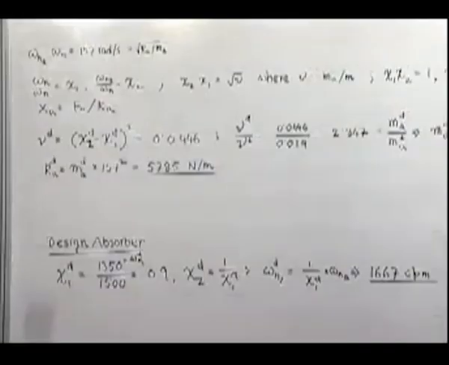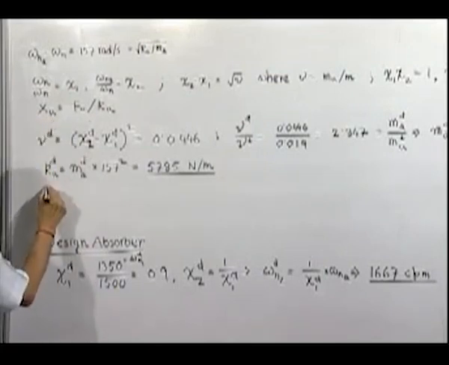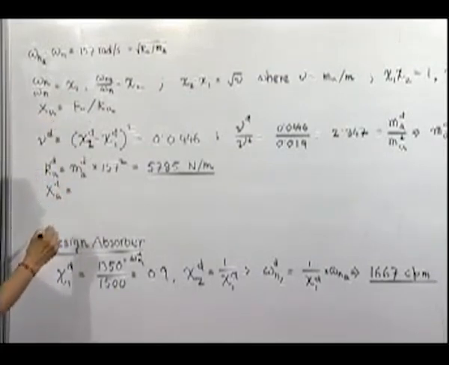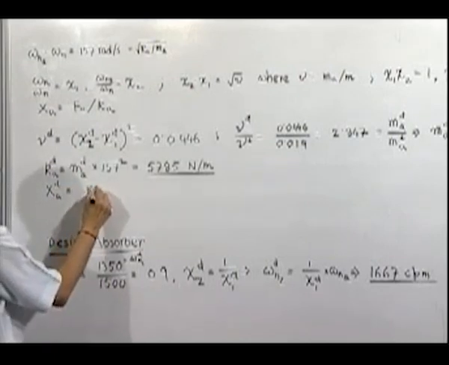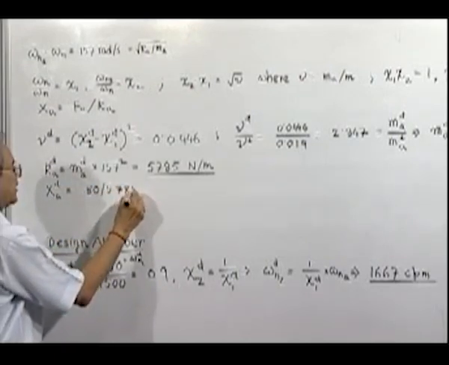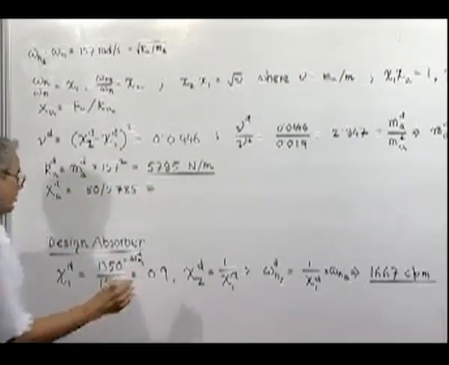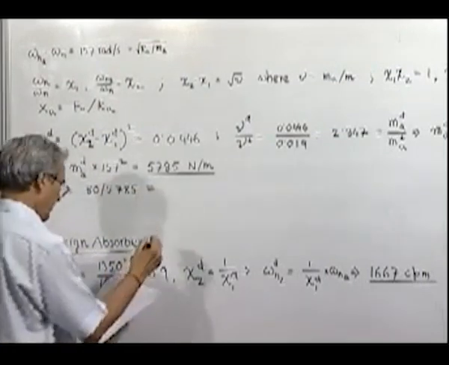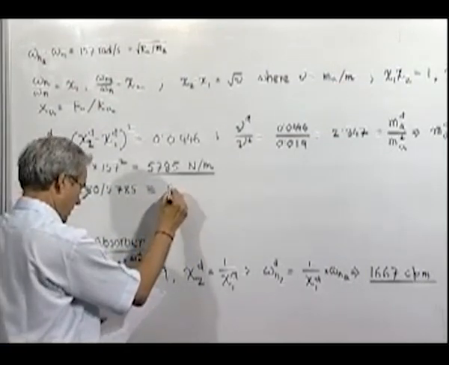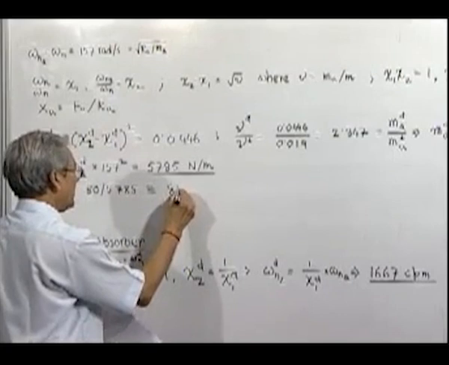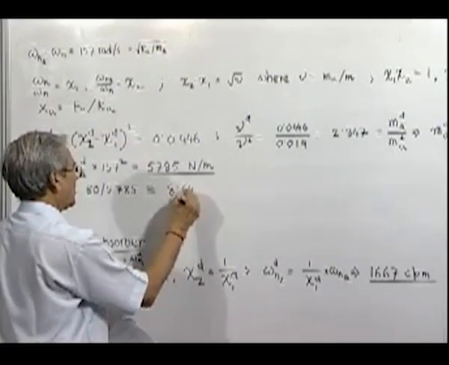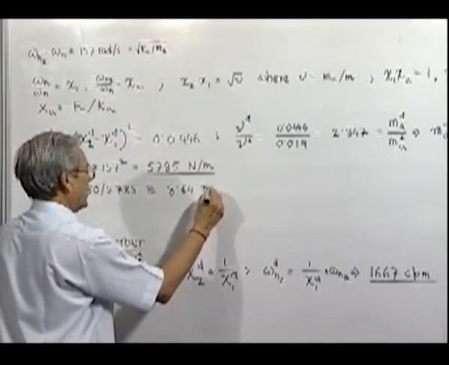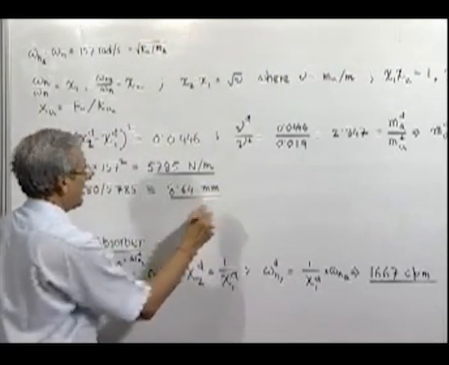And so, now we know X A is going to be, with the design absorber, 50 newtons divided by this, which is equal to, or equivalent to, 8.64 millimeter.